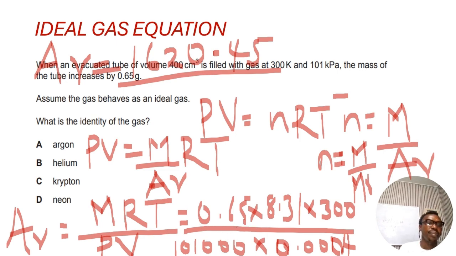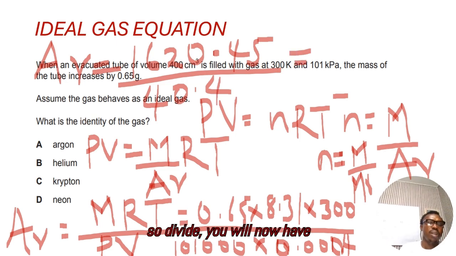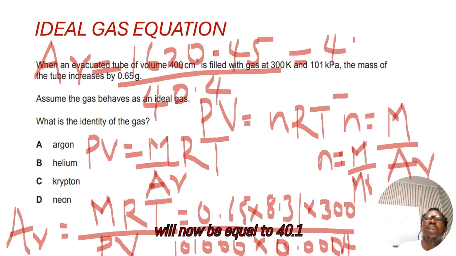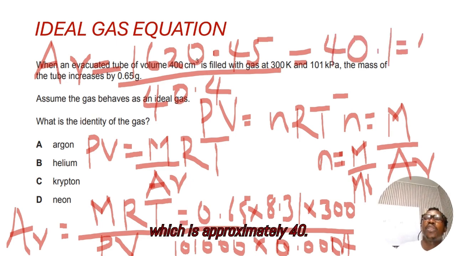Divided by 101,000 times 0.0004, which is equal to 40.4. So we divide 1620.45 by 40.4, which will now be equal to 40.1, which is approximately 40.